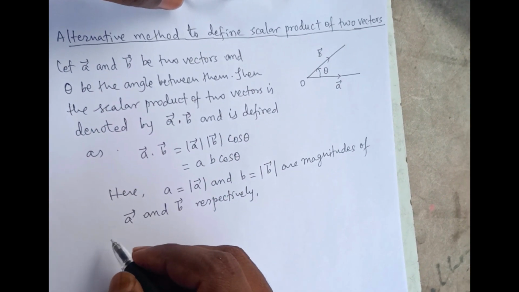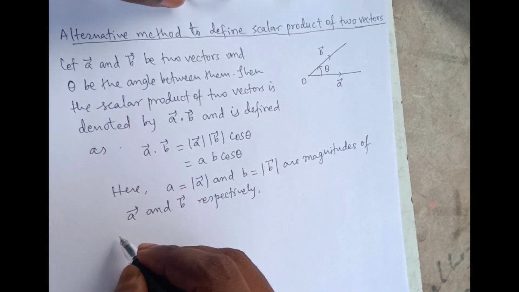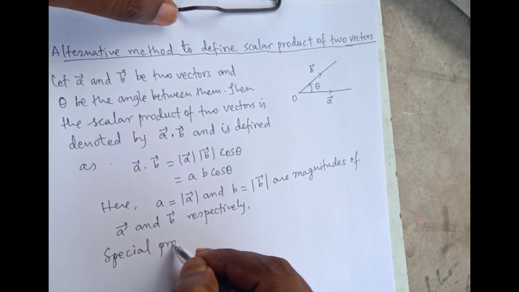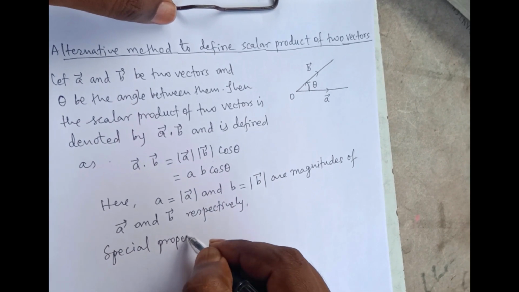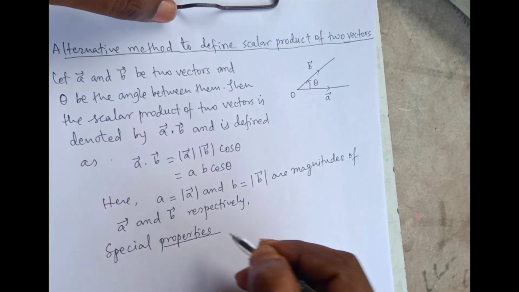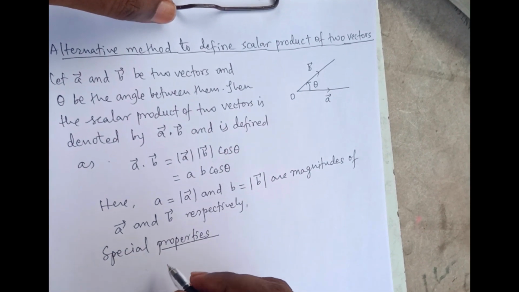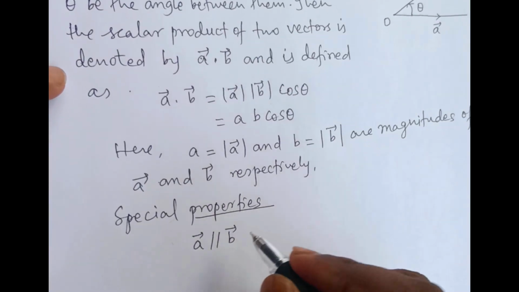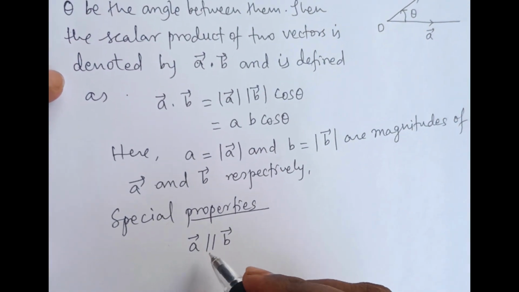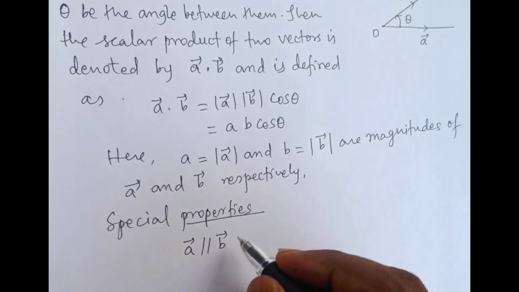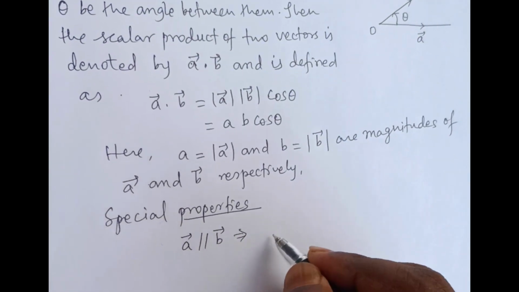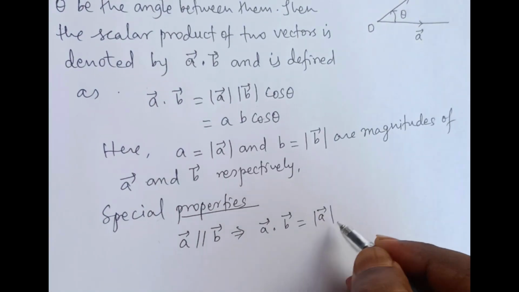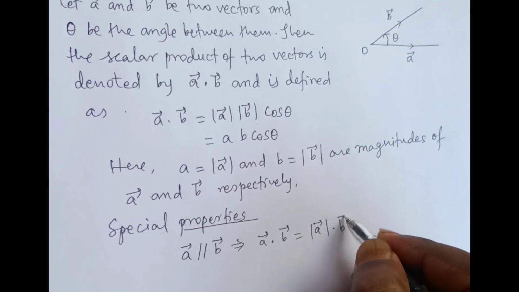And we have also discussed the special properties. If a vector is parallel to b vector, then a vector dot b vector is equal to modulus of a vector times modulus of b vector.